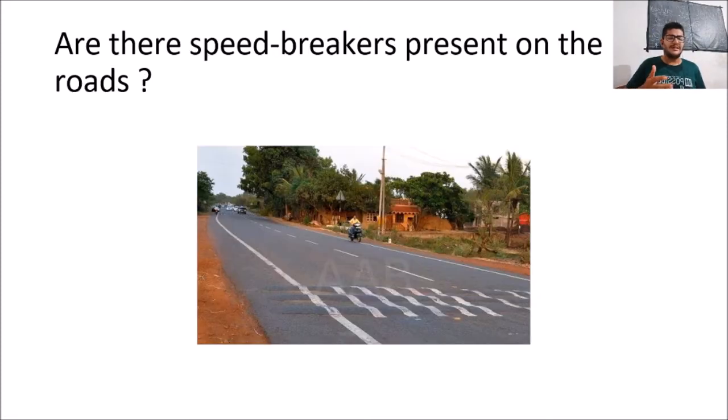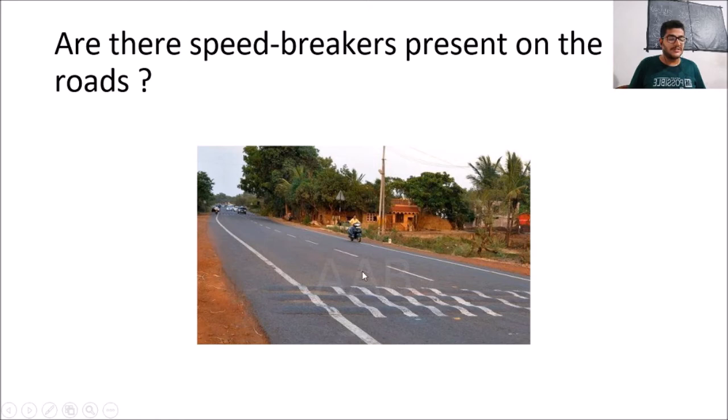Have you ever seen the speed breakers on the road? Your answer will definitely be yes. When we move through the roads, what do these speed breakers do? They provide friction, they provide resistance, they reduce the speed of the vehicle because they create a barrier to the vehicle or the bicycle we are riding.